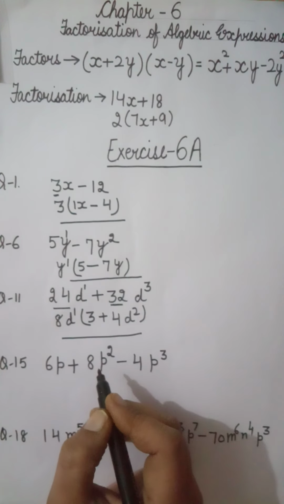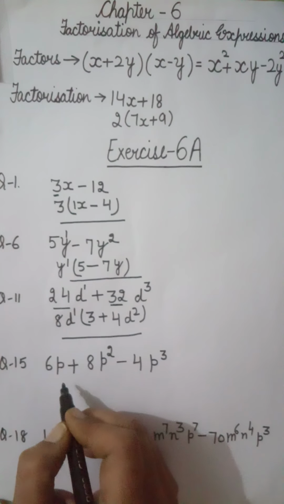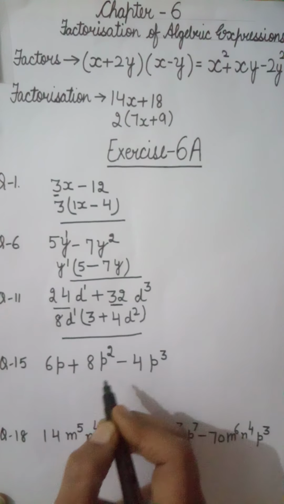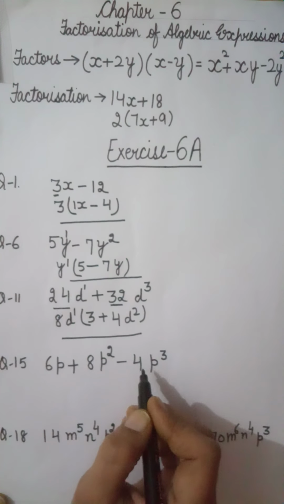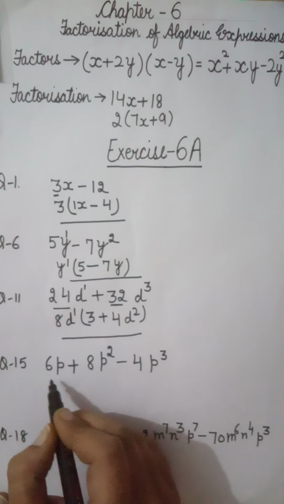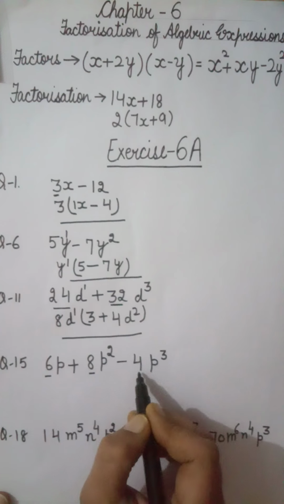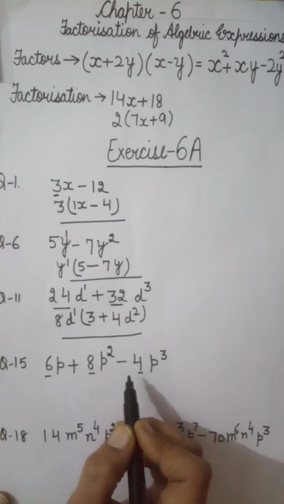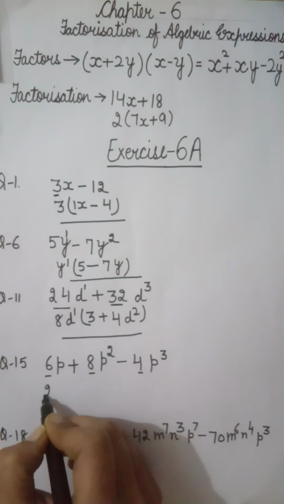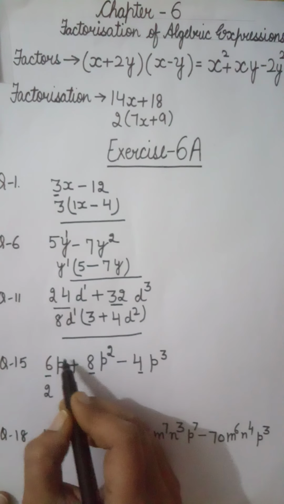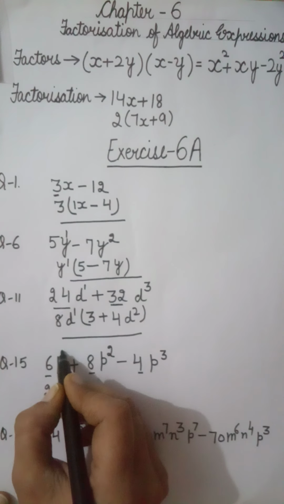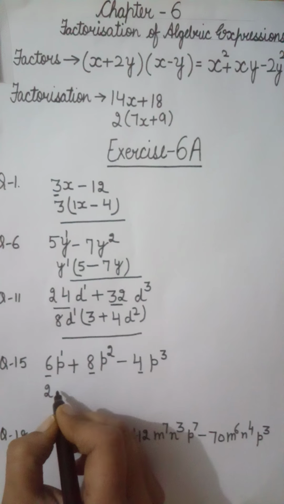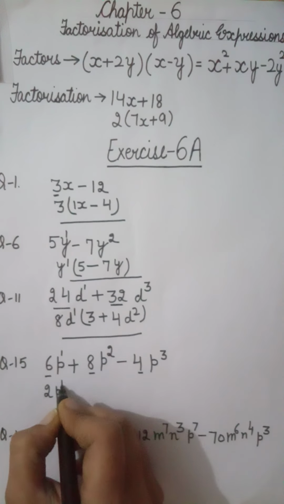Question number 15. 6p plus 8p square minus 4p cube. Now what is common here? 6, 8 and this 4. All of these terms are divisible by 2. So 2 is common. Here p1, p2 and p3. Smallest power is p1. So p1 is common.